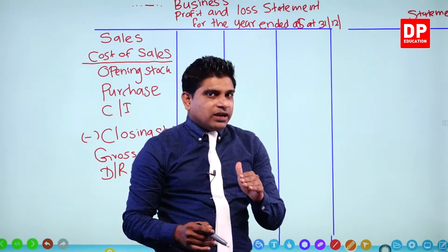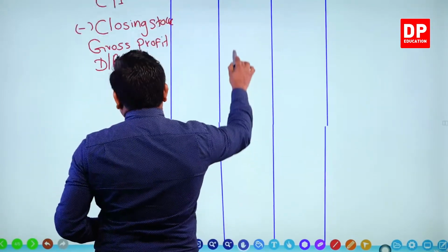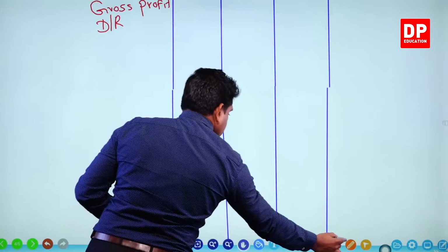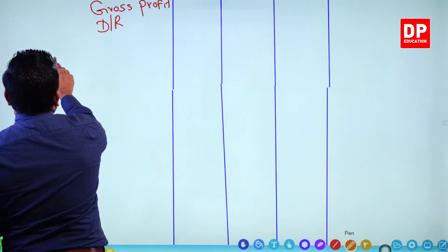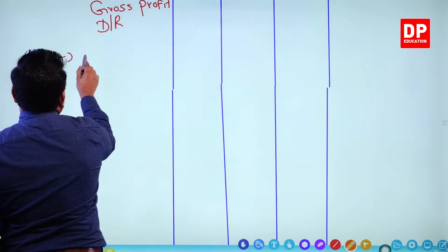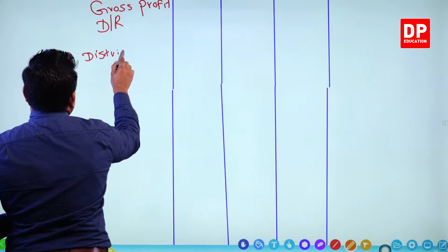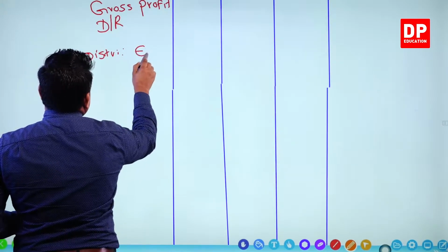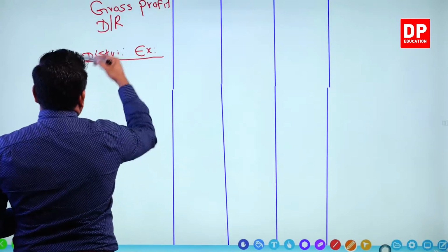We keep one line for that. Then expenses. First we write distribution expense, then you give space.